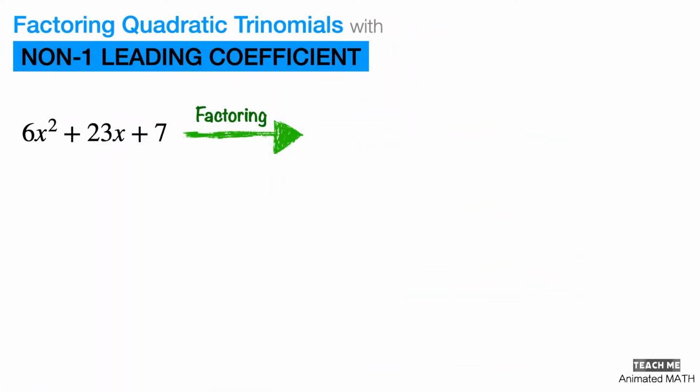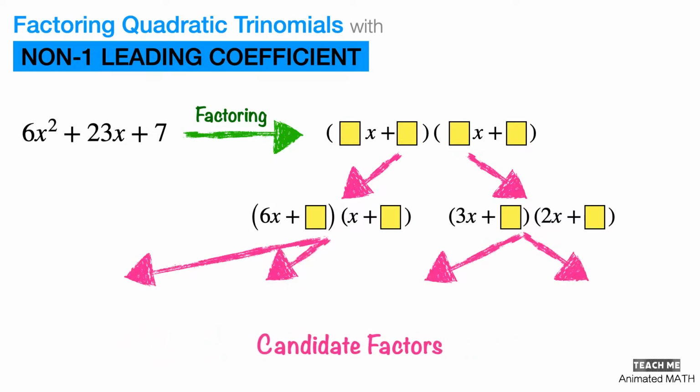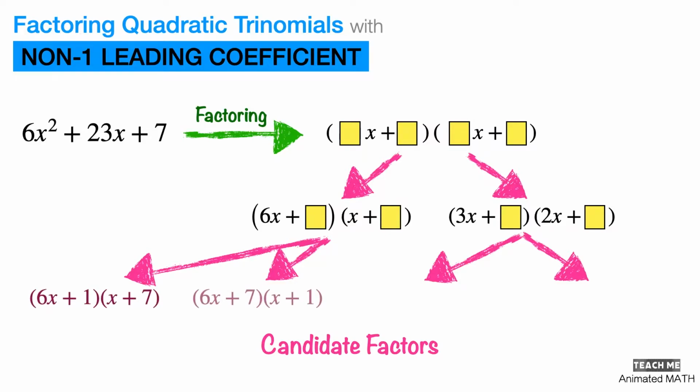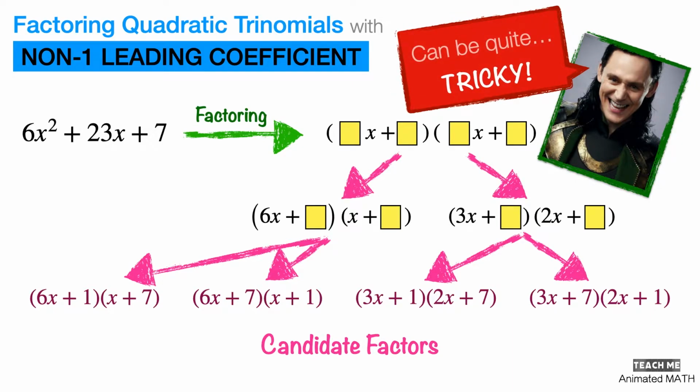Factoring quadratic trinomials with non-1 leading coefficient is a step above those with leading coefficient of 1. They are very similar, but this one would involve more trials and errors. It can be really tricky to do, and can sometimes even be frustrating if you're not familiar with the process.